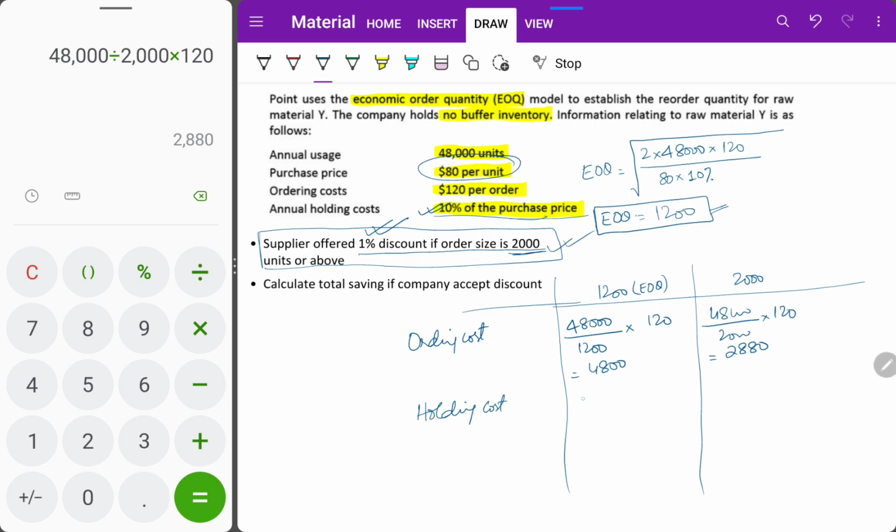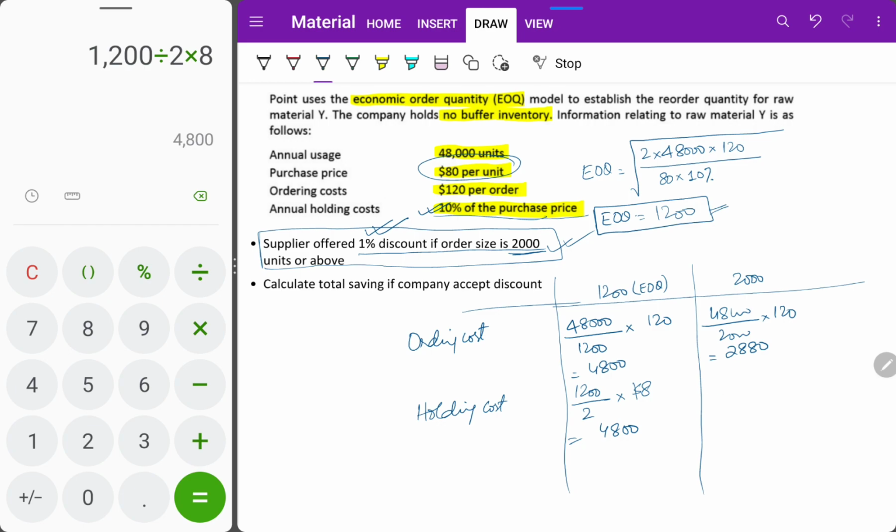Holding cost is average inventory, which is 1200 divided by 2, multiplied by holding cost per unit per annum, which is $8. So 1200 divided by 2 times 8 is 4800, right?